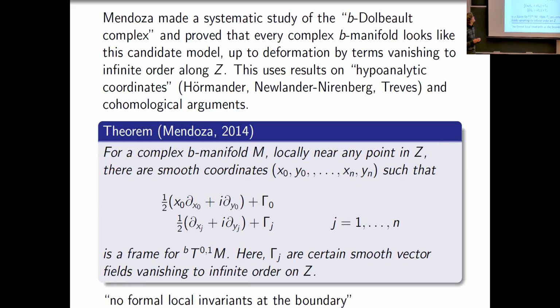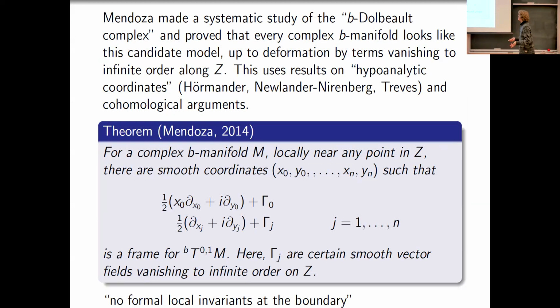So what's next? I need to acknowledge that Mendoza, whose name I put earlier, really did think about this. I attributed the definition to Mendoza, and he did a systematic study of what you would call the B-Dolbeault complex. And I'll leave it to your imagination what that might be.